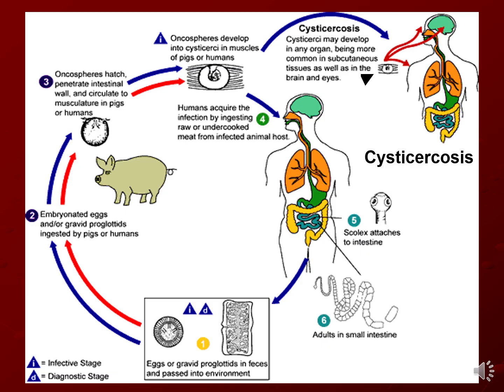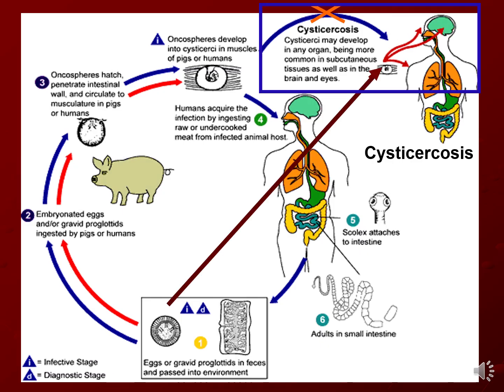This is so because the eggs produced by humans, if ingested by other humans and not by the pig, can develop into cysticerci in the tissues of man, like they develop into cysticerci in the tissues of a pig. And actually there is a mistake in this chart, and it's better drawn like that, because what produces cysticercosis is the ingestion of the egg that you see, the rounded egg, down in this slide. This is how cysticercosis is produced.